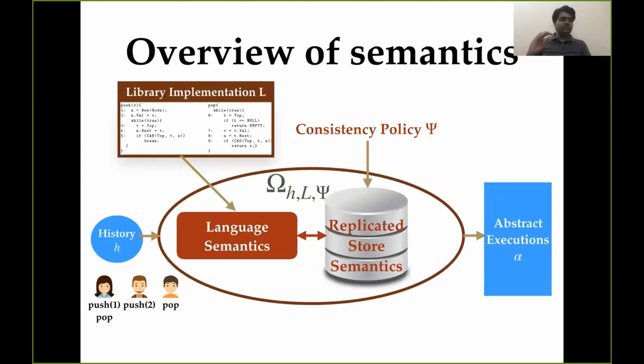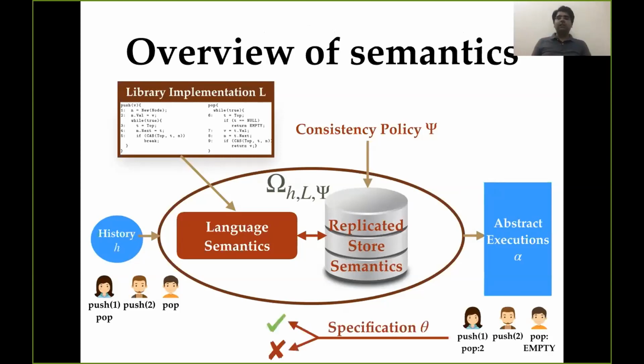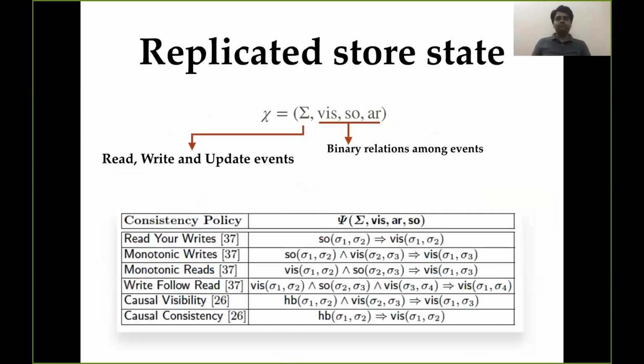The output would be a set of abstract executions, where each abstract execution can be thought of as a completed history. So it basically assigns a return value to every invocation. We can then ask whether or not all the abstract executions which are possible for the given history H and the library implementation L under consistency policy psi obey the specification theta.